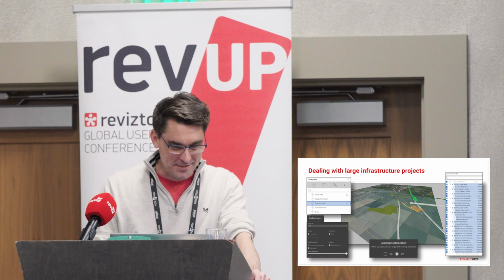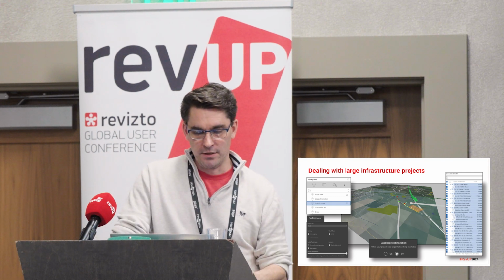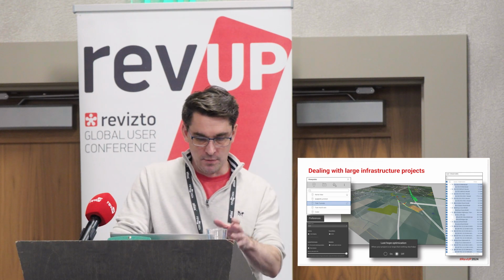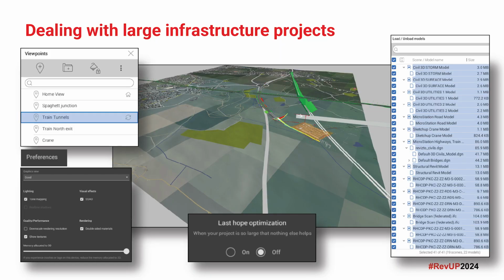Preferences, again, this is really basic stuff, but you can adjust the quality of the model, and there's some other bits in there which you can adjust if you're struggling to actually view the information on your device. Load unload links as well is really useful.